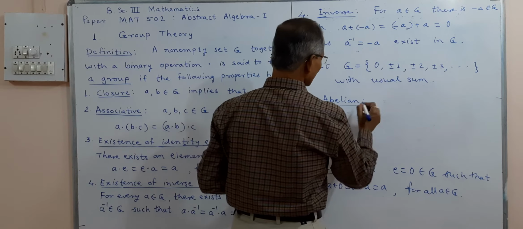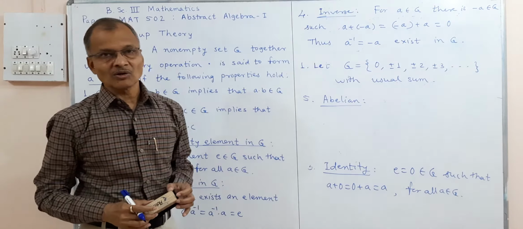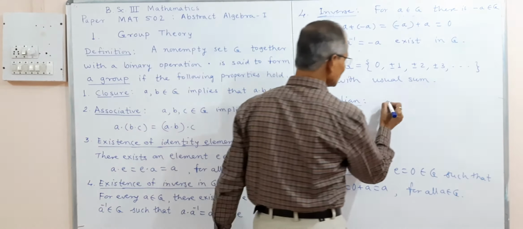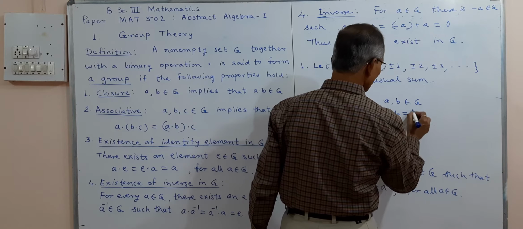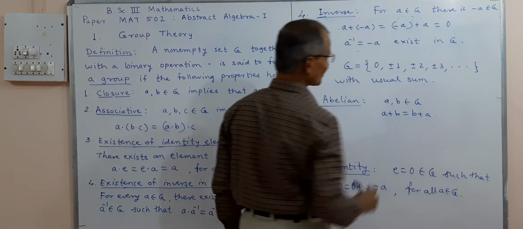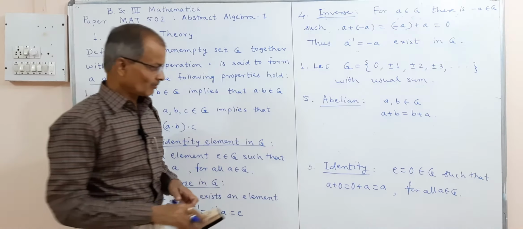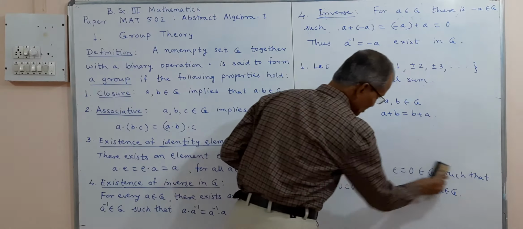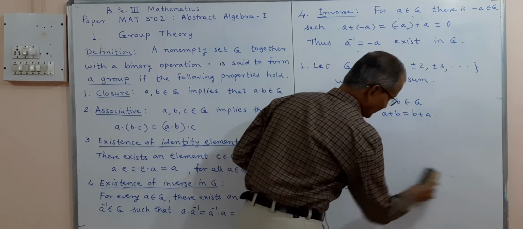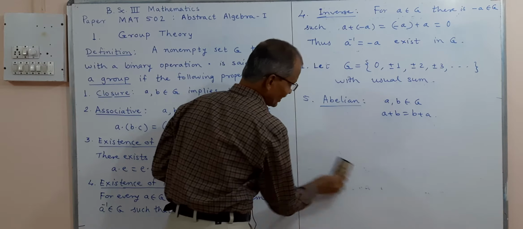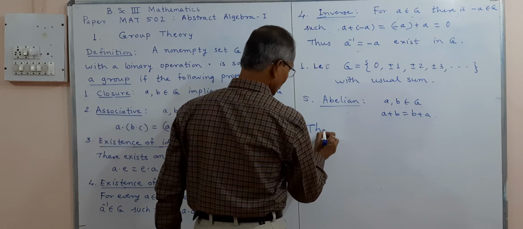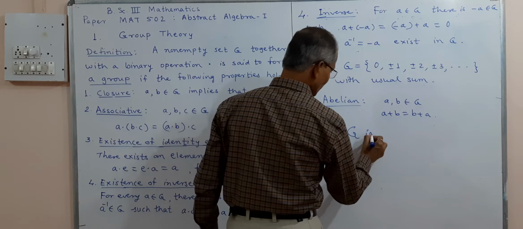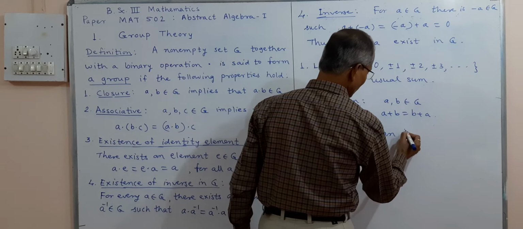And we know that addition is commutative. For A, B belonging to G, we have A plus B is equal to B plus A, and therefore G is an abelian group. So here we can say G is an infinite abelian group.